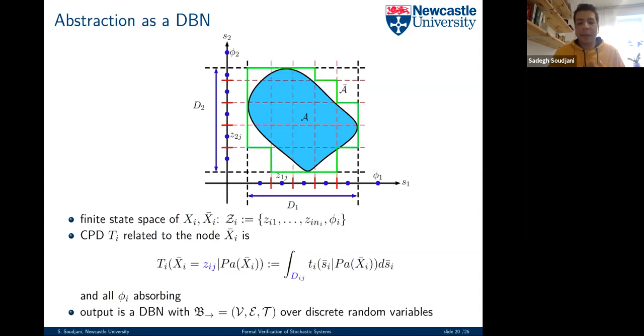For the safe set, we also need to approximate it because it's not aligned with the axes. We over-approximate the safe set with a union of these hypercubes.